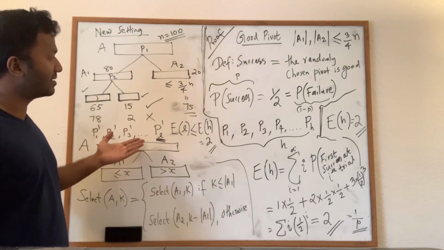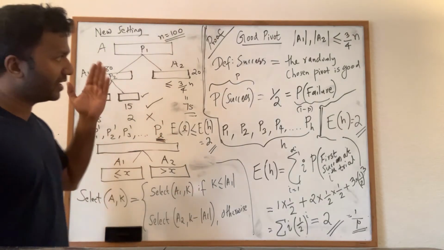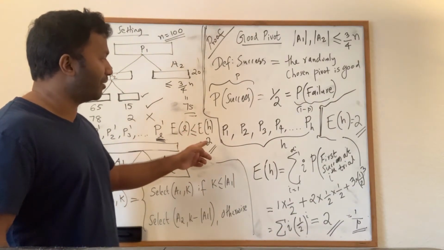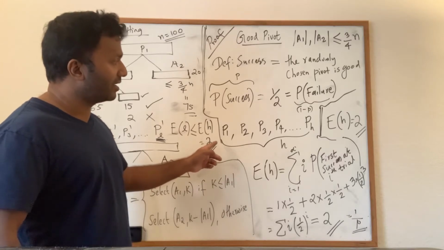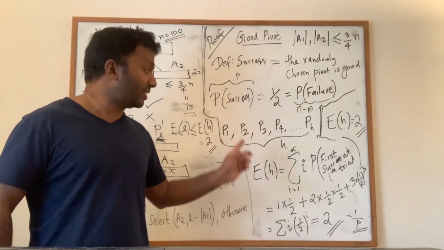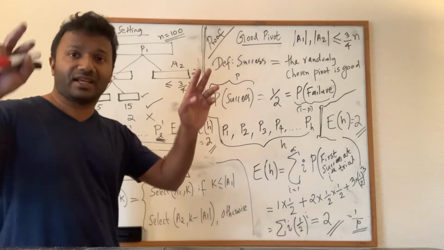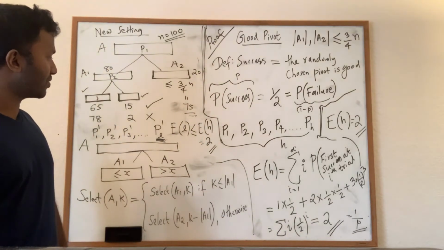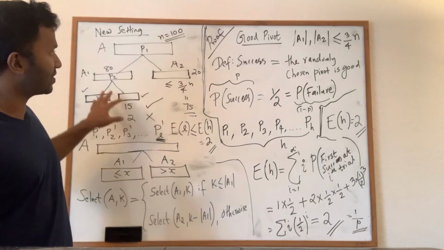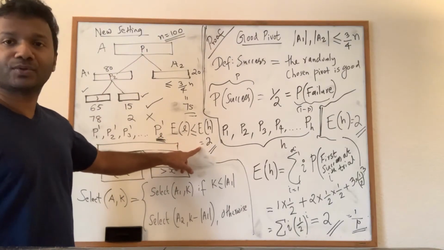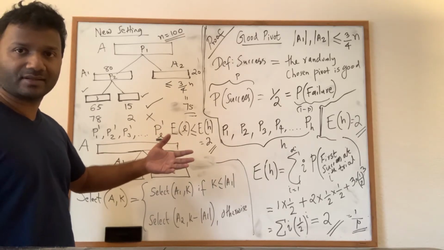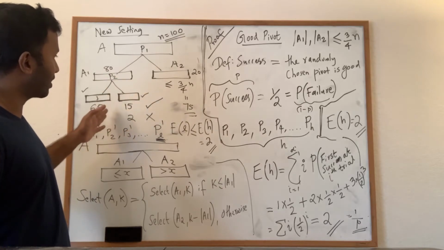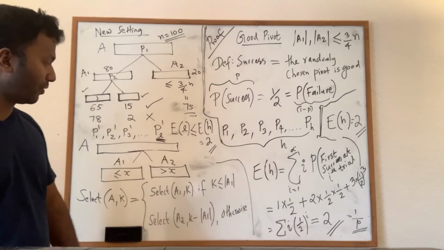Therefore, the number of trials you will need to find the first success will be lesser than the number of trials you will need in the case of the fixed strategy, in the expected sense. Okay, so that's all I wanted to convince you, that this strategy needs only 2 trials in expectation to make sure that the size of these smaller arrays is bounded by 3 over 4n.